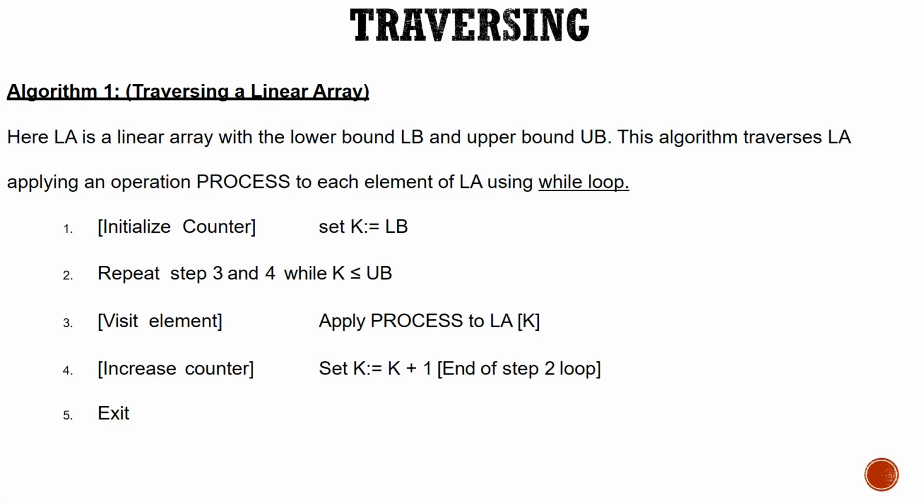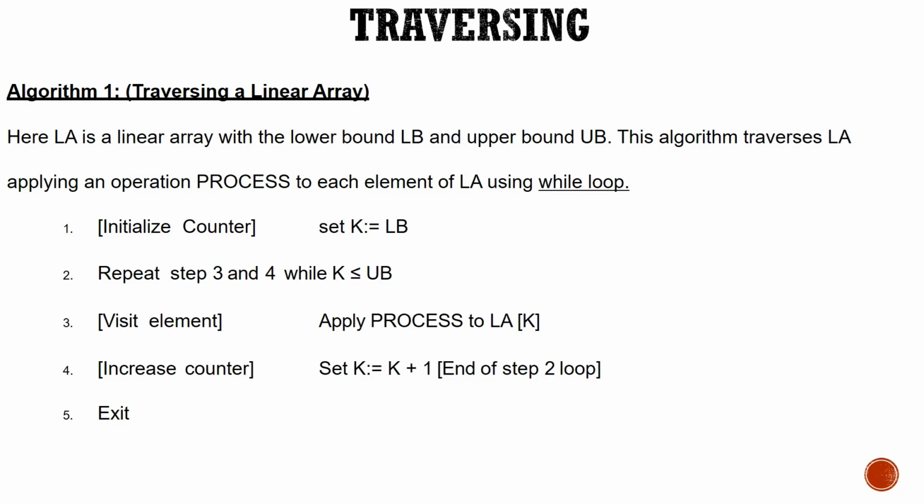Step 3: we process the element in the array LA at the index k, LA of k. What we do here may be addition, printing, or counting. That is your process operation. Then I need to go to the next index.